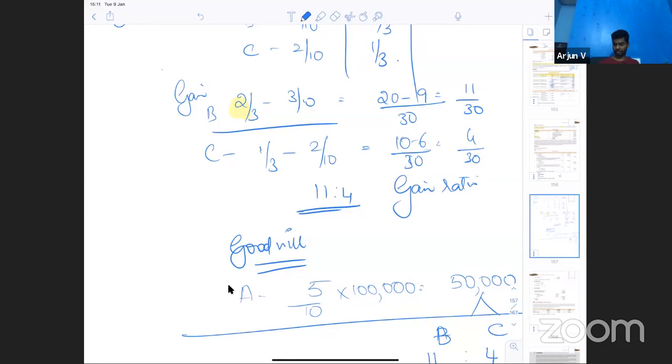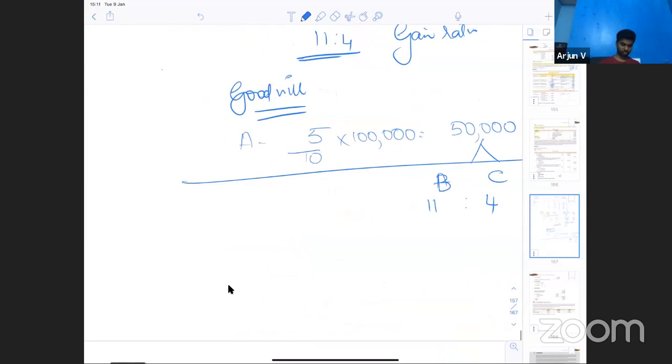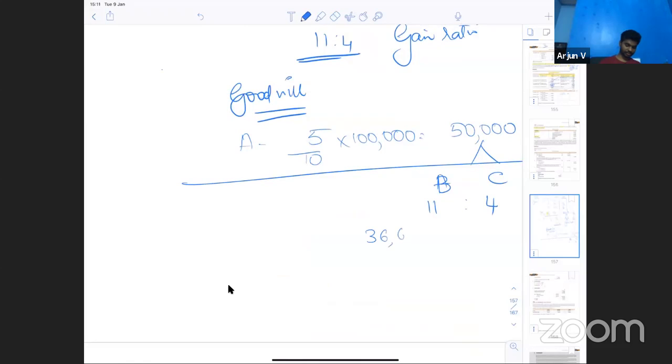So 50,000 into 11 divided by 15, which is 36,667, and 13,333. Did you all understand?